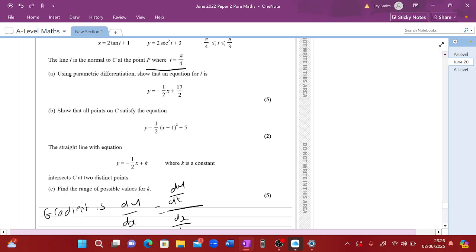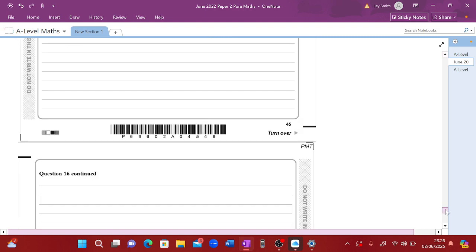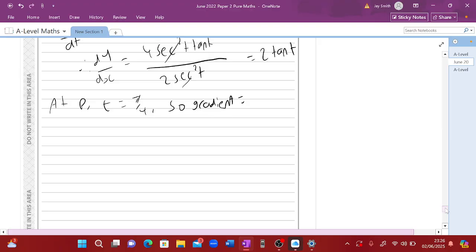So I'm substituting t is pi over 4 into the gradient. So the gradient's going to be 2 tan of pi over 4, which should just be 2, I believe. Let me double check that. Which is 2, cool. So that's our gradient, that's m.